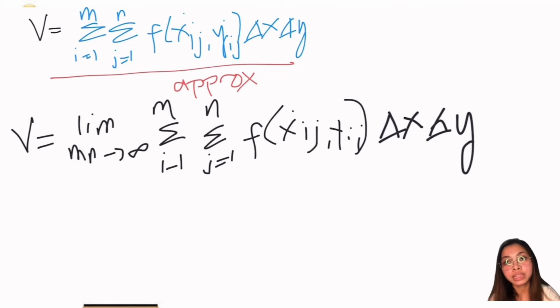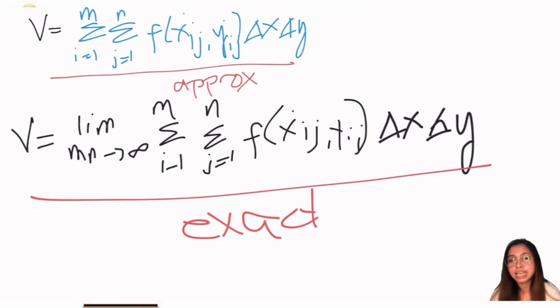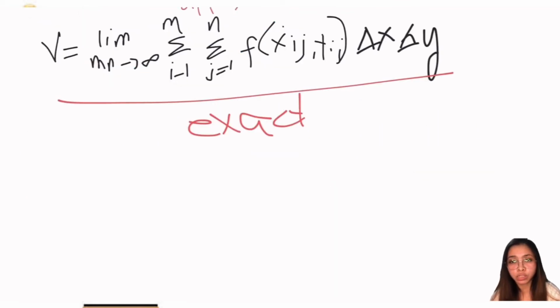We all know that the limit of the sum gives us the integral, and the limit of two sums gives us two integrals. So we will now have this equation.